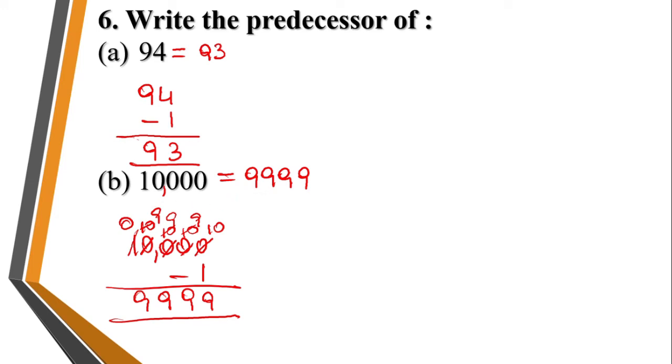Now this is our second question. Now the third question is 2,08,090. Now we should minus 1 to find the predecessor. So 2,08,090 minus 1 will be, now 0 minus 1 it's not possible.